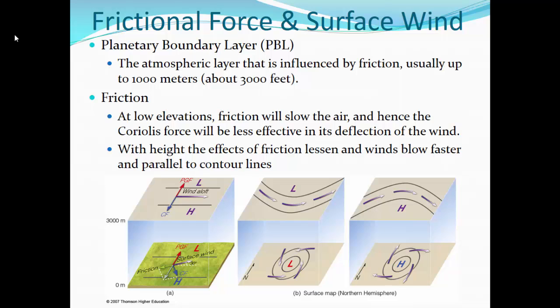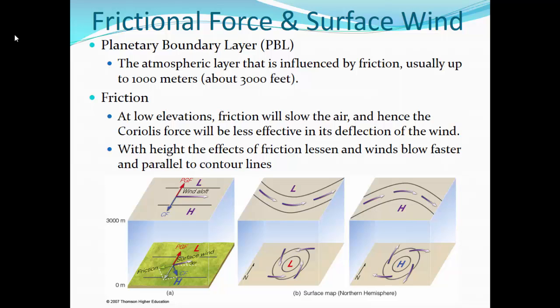So that purple line, because of the force of friction, with a slower moving wind, you can see that purple line at the surface is shorter than the purple line aloft because friction has caused it to slow down. That surface wind is not blowing quite parallel, but has been deflected not quite so far to the right and is more to the left, and it's literally blowing out of high pressure into low pressure.